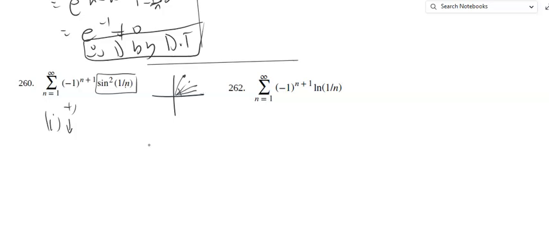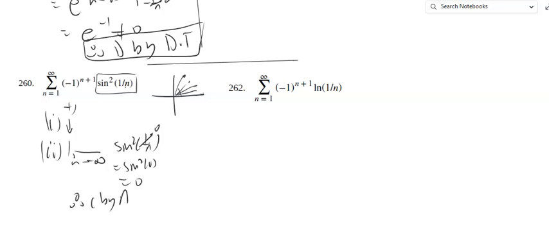It's getting closer and closer to 0. The limit as n approaches infinity of the sine squared of 1 over n approaches the sine squared of 0, which is 0. Therefore, it converges by the alternating series test. Done deal.